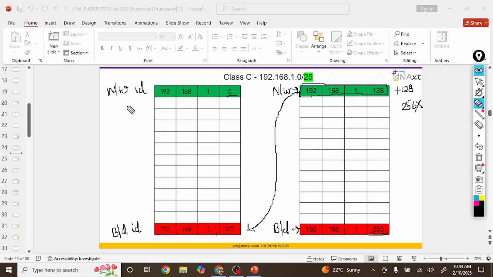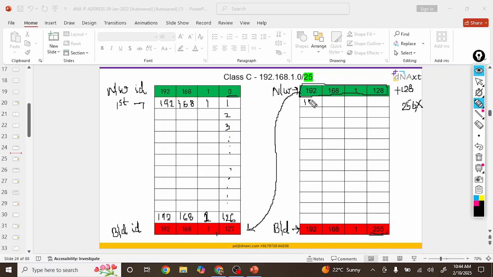What will be the first valid host? First valid host will be 192.168.1.1. Then 1.1, 1.2, 1.3, 1.4, till the last valid IP address, which will be 192.168.1.126. This will be your last valid host. Okay, what will be the first valid host in the second subnetwork?